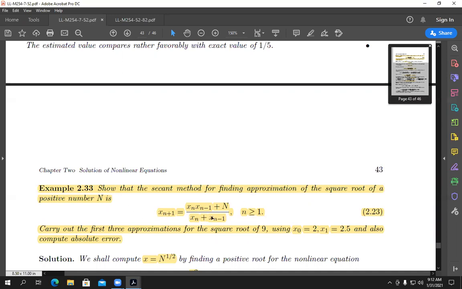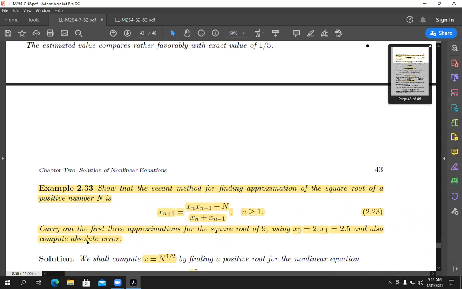This is the secant formula for finding the approximation of the square root of the positive number n. And then he says after developing this formula, find the first three approximations for the square root of 9 using initial approximations 2 and 2.5 given. And then he says compute the absolute error.